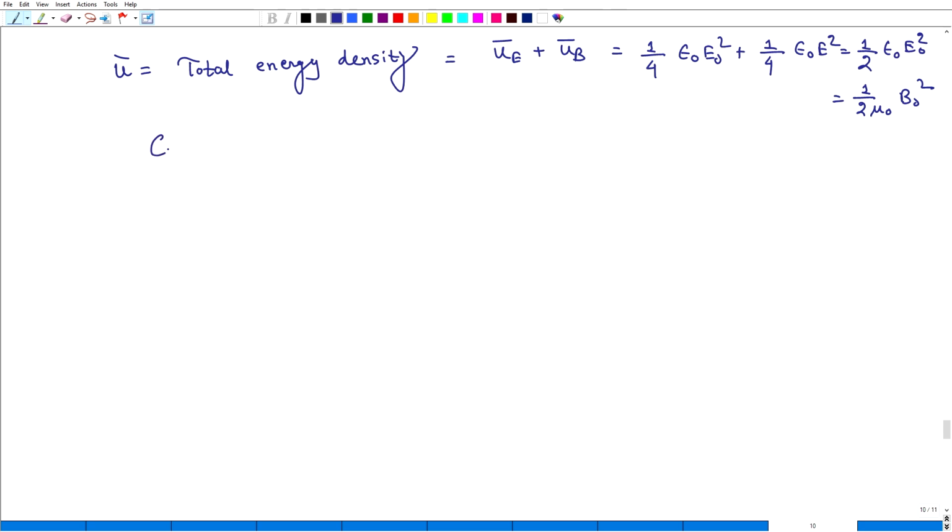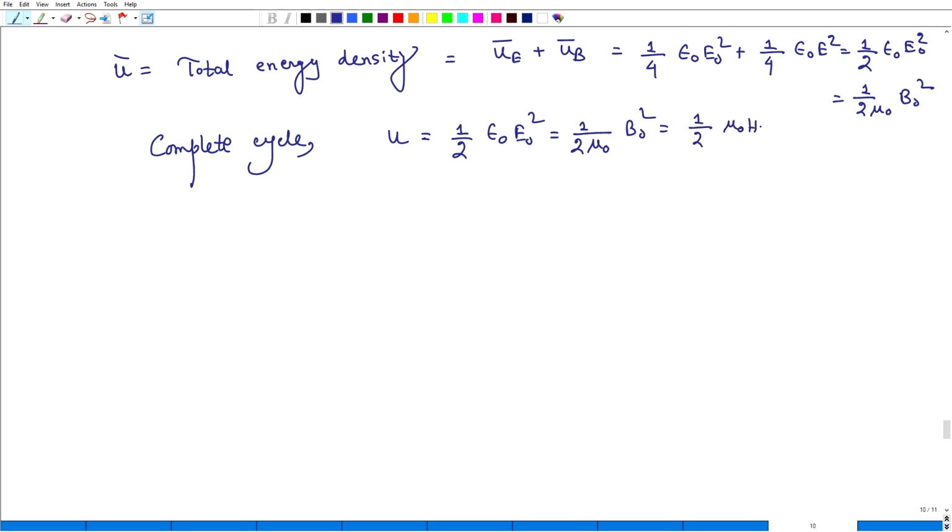So, for a complete cycle, we can write U equals the total energy density, then we can write it half epsilon naught E naught square equals half 1 by mu naught B naught square, or we can write half mu naught H naught square. All three forms are equivalent actually.